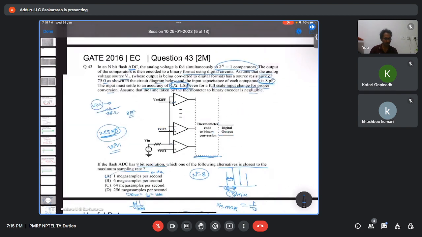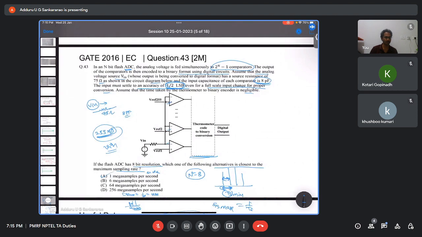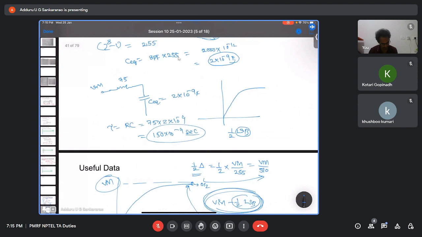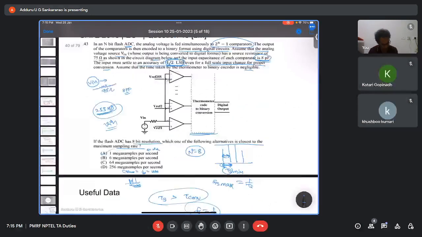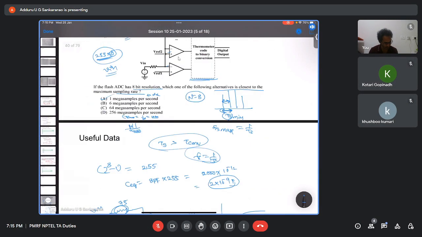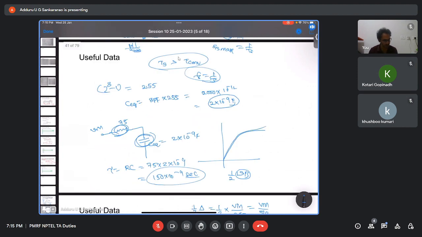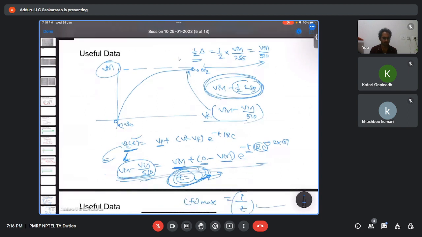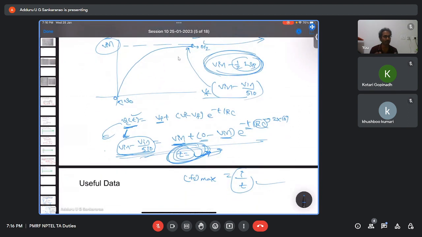It acts like an RC high pass circuit, right? High pass or low pass. So series resistor and a capacitor. So this acts like, I think, an RC low pass circuit. That's why whatever input voltage we are applying here, immediately it will not go to the comparator input. It takes some time. How much time it takes, we have to consider always the worst case scenario.